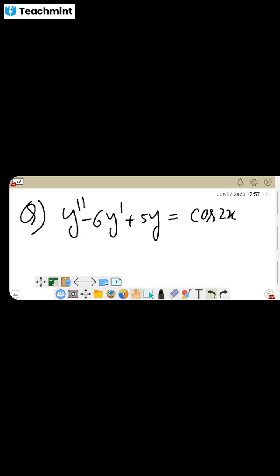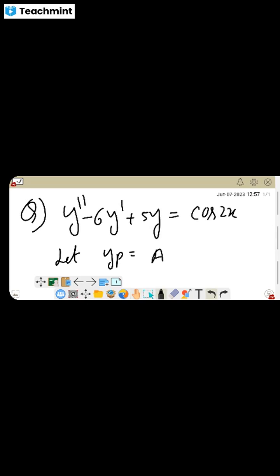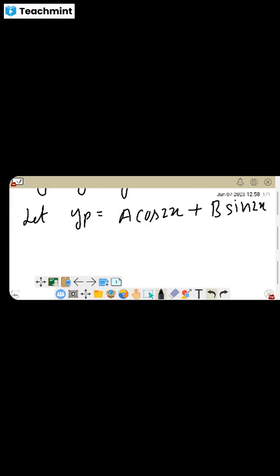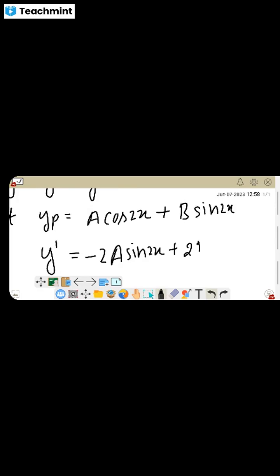Now let yp, means y for p, be a into cos 2x plus b sine 2x. Here this is cos ax. Now we are differentiating it. So y dash is equal to minus 2 a sine 2x plus 2 b cos 2x.